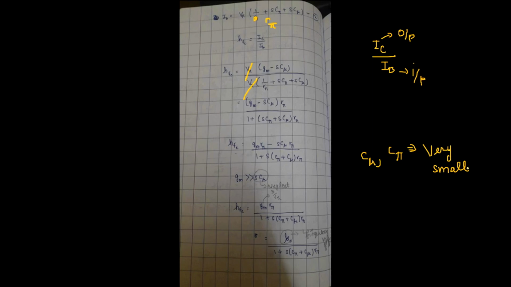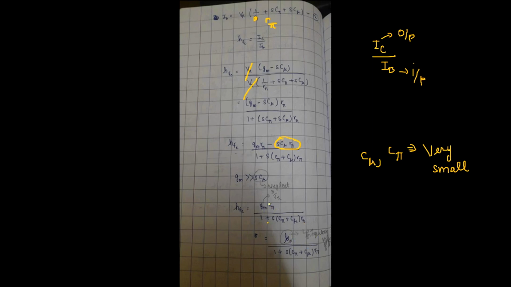Because these are very small, we can neglect them in these equations. Since g_m is much larger than s C mu, we can neglect this part and write it as g_m R pi divided by 1 plus s into (C mu plus C pi) into R pi.